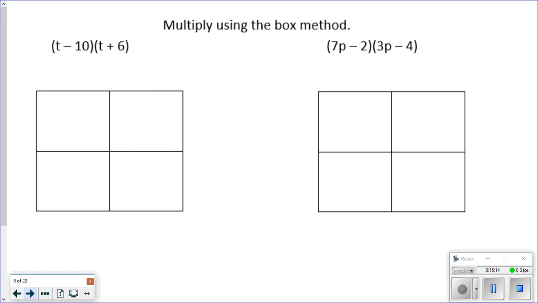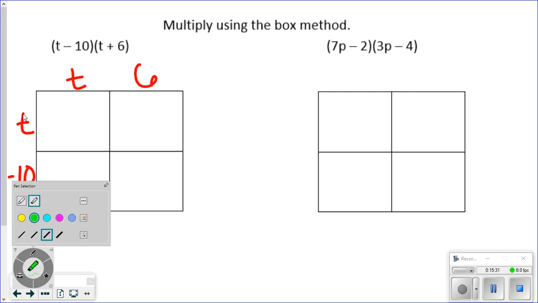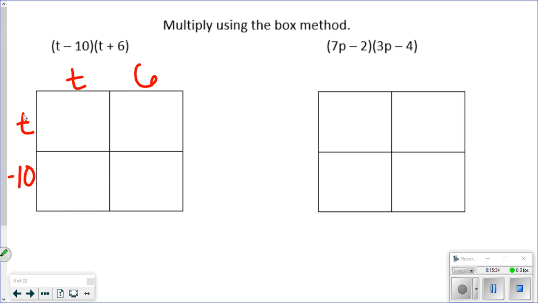Remember, it doesn't matter. T minus 10, I'm going to write it here, but I could have also written that on the top. T with a positive 6 is going to go there. This kind of reminds me of Punnett squares from science class.